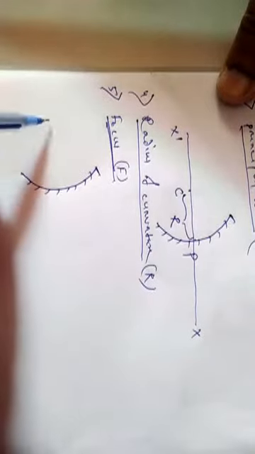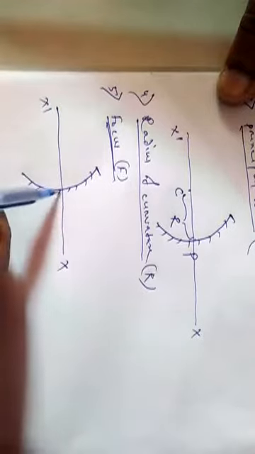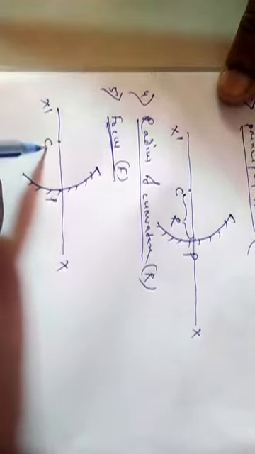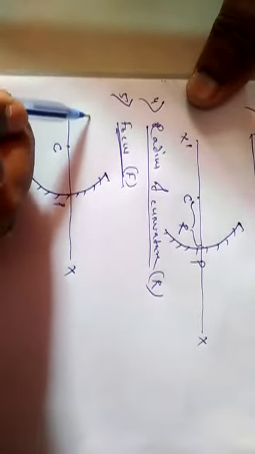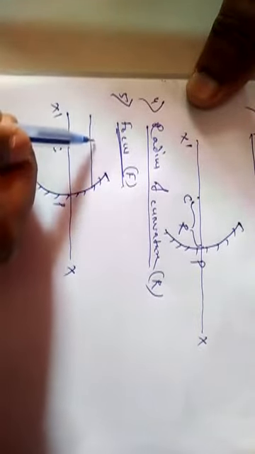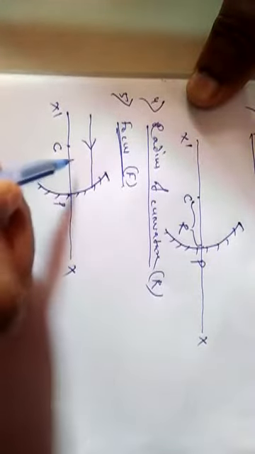This is concave mirror, principal axis, X axis, this is pole, center of curvature. Let you take a straight line parallel to principal axis.